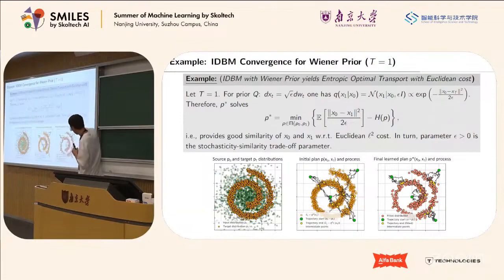These green points are just some selected initial points from the green distribution. And you see that when you do this transport from Gaussian to Swiss roll, the transport starts at some points and it ends at some points which are close to the original points.